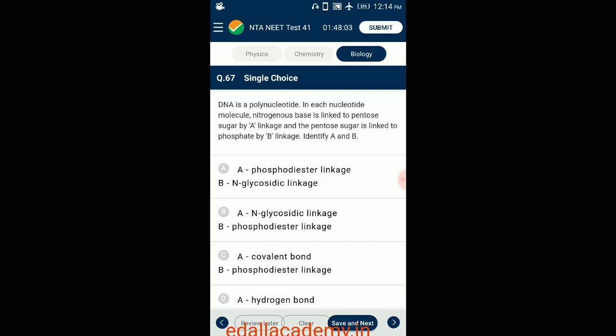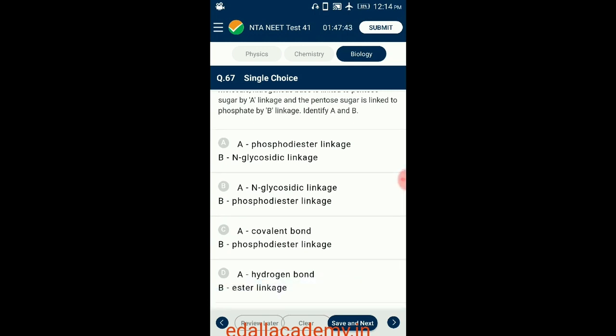Question number 67. DNA is a polynucleotide. In each nucleotide molecule, nitrogenous base is linked to pentose sugar by A linkage, and the pentose sugar is linked to phosphate by B linkage. Identify A and B linkage. A nitrogenous base is linked to the pentose sugar through an N-glycosidic linkage to form a nucleoside such as adenosine or deoxyadenosine, guanosine or deoxyguanosine, cytidine or deoxycytidine, and uridine or deoxythymidine.